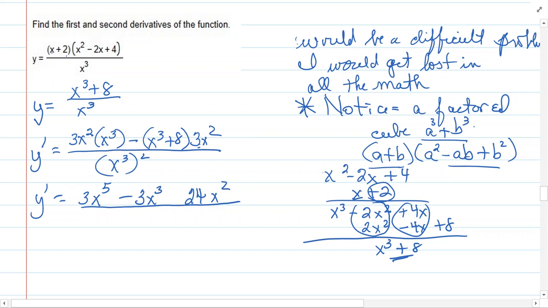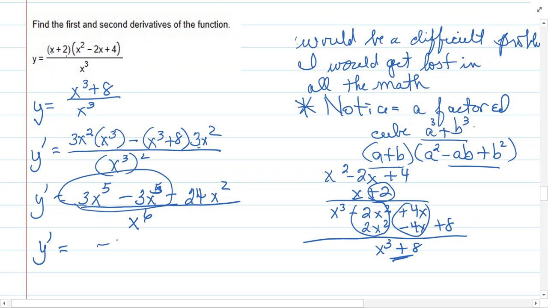Oh, that's a minus. Sorry about that. Oops. Can't do math, can I? All right. And the bottom is x to the 6. So these are additive inverses.